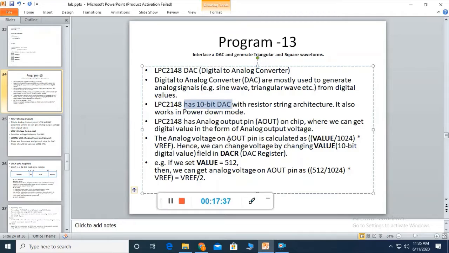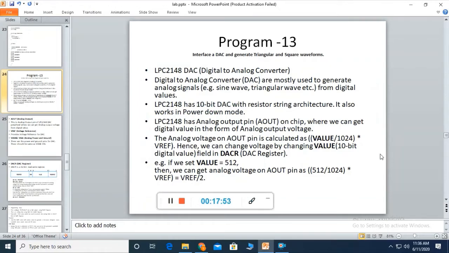So now the analog output voltage is proportional to the 10-bit digital input you are giving, and that is calculated using this formula: value divided by 1024, multiplied by V reference. V reference is the reference voltage given to your IC.